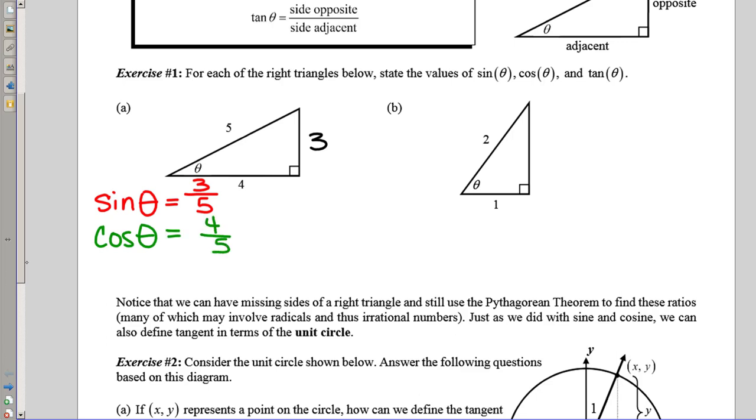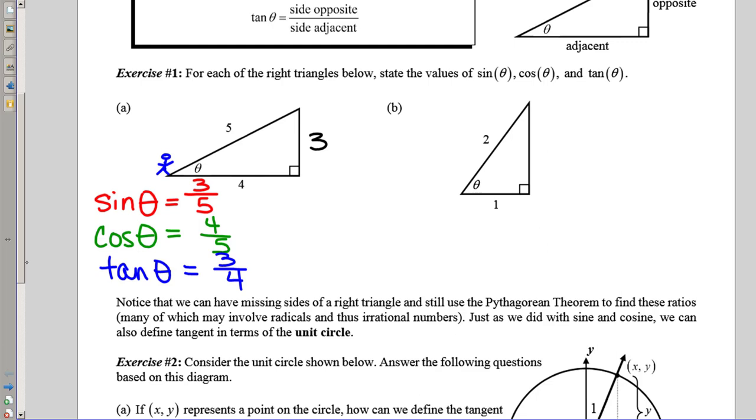And then lastly, we have to find the tangent, and the tangent of theta is opposite over adjacent, or 3/4.